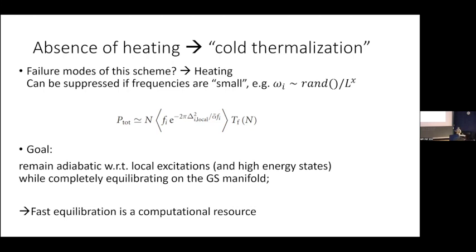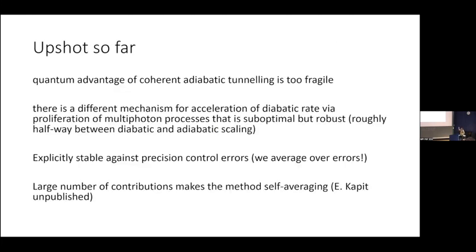The important point is that we're talking about a ground state manifold, and we have a gap of order 1. All of our frequencies are scaled down as 1/n. So we're trying to be maximally mixing within a very narrow range of energies and be completely adiabatic with respect to the rest of the spectrum. This is why we keep calling this cold thermalization when we talk among ourselves.